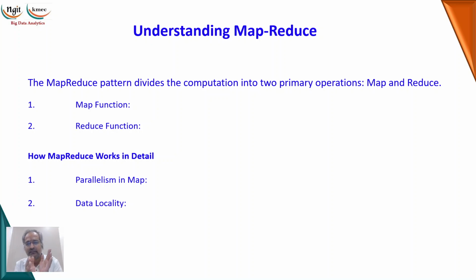The chunks mean how many splits are divided. Those many mappers, those many map functions, are required. Each map function will handle a single record, perform some operation on that record, and produce the output. The important thing is that the input and output of the map is also a key value pair.